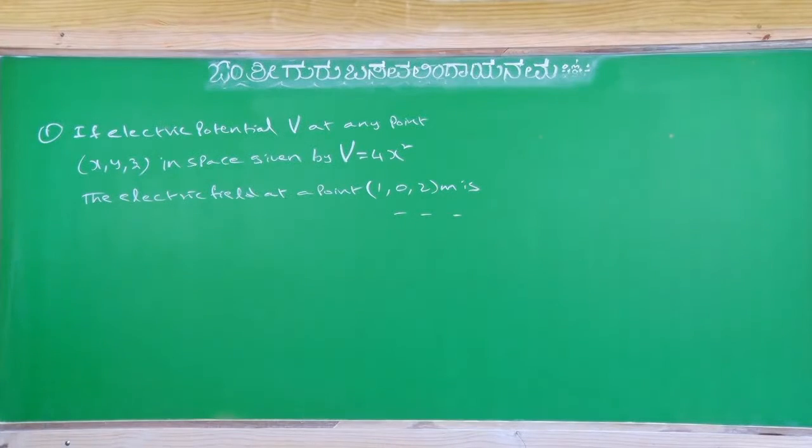See here, the electric potential V at any point is given by V is equal to 4x square. The electric field at a point 1, 0, 2 meter is dash.